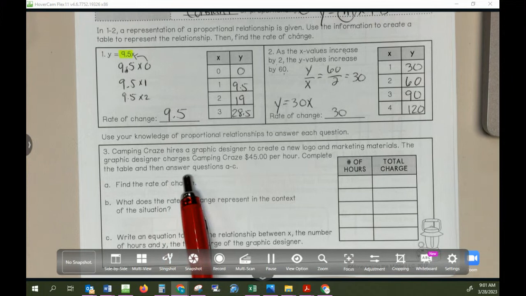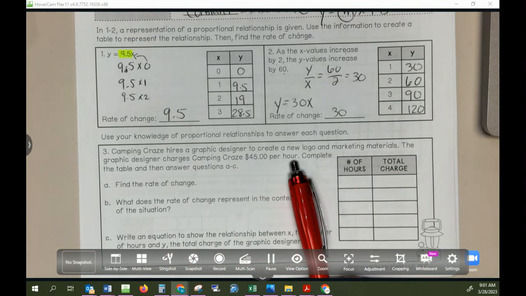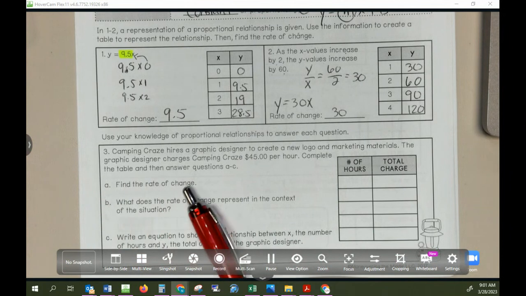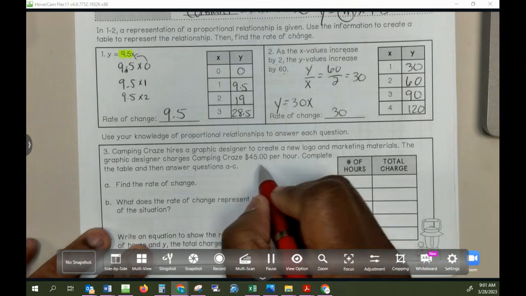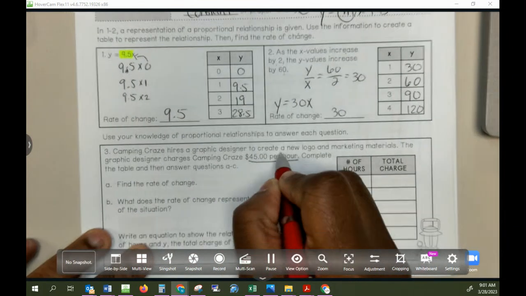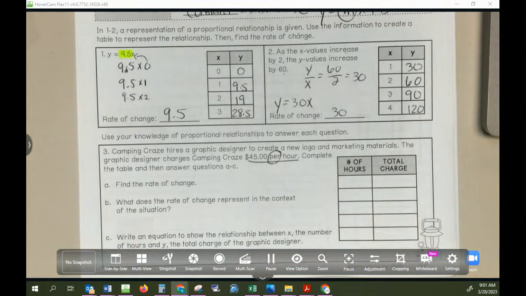Camping Craze hires a graphic designer to create a new logo and marketing materials. The graphic designer charges Camping Craze $45 per hour. Per is a key word here because what does per mean? And what does every mean? What mathematical operation is happening here?